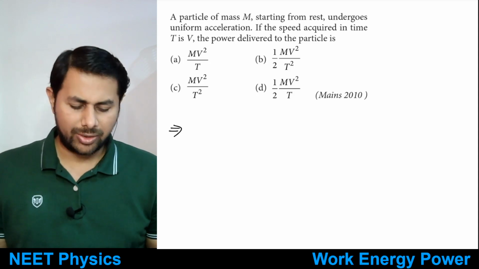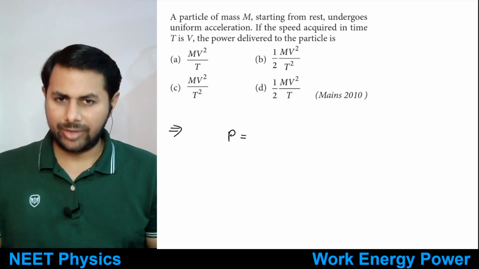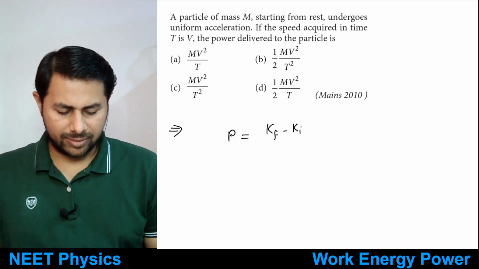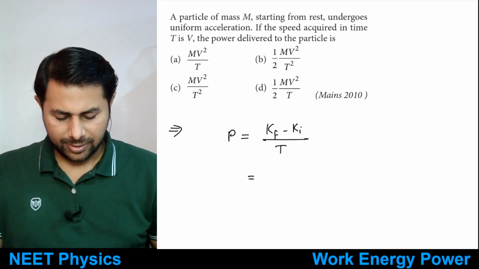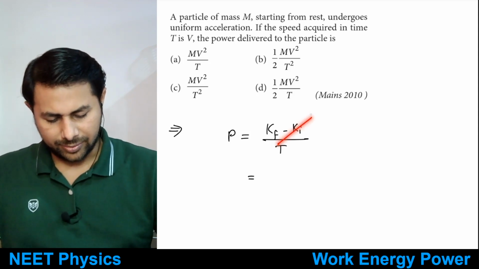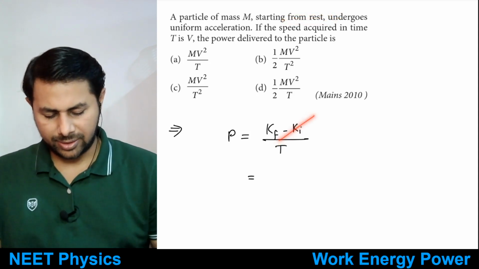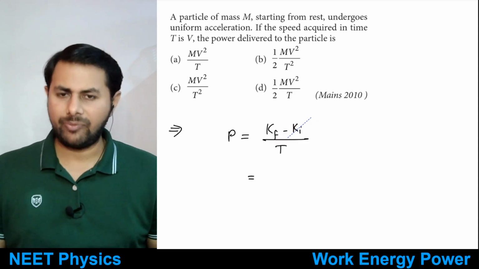Again, power delivered: here we can find out average power delivered. It's equal to change in kinetic energy, final kinetic energy minus initial kinetic energy, divided by time. Time is t here. Initial kinetic energy is 0, as the particle starts from rest. And final kinetic energy is half of mv square.